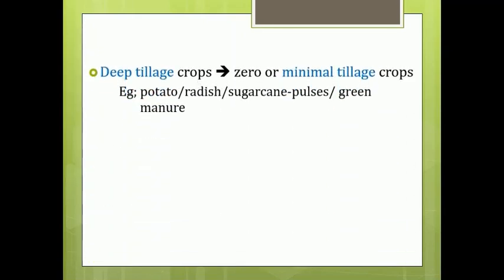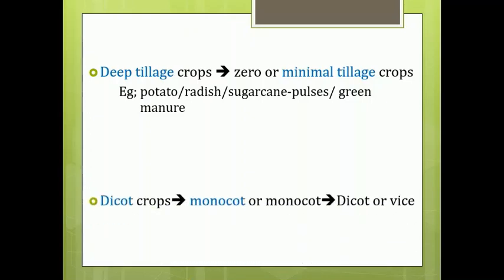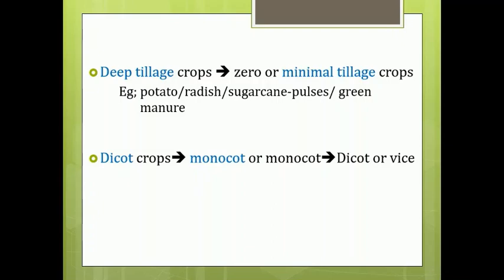Deep tillage crops such as potato, radish or sugarcane should be followed by zero or minimum tillage crops like pulses or green manuring crops. Dicot crops should be followed by monocots, or monocot crops should be followed by dicot crops.